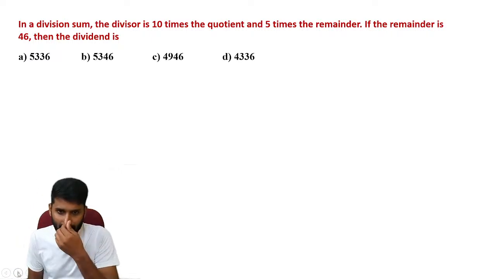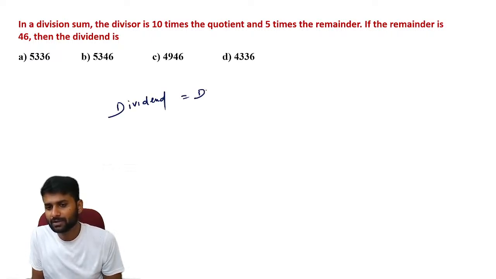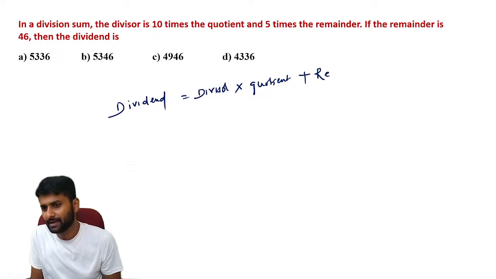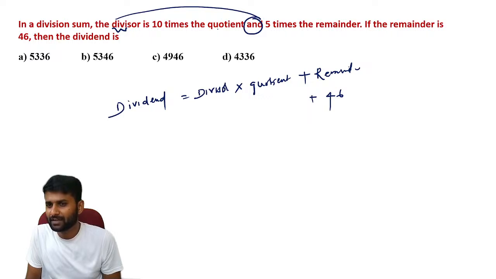If the remainder is 46, then the dividend is? You know that the dividend is the divisor multiplied by the quotient plus the remainder. So according to the information, the remainder is 46, and the divisor is 5 times the remainder.